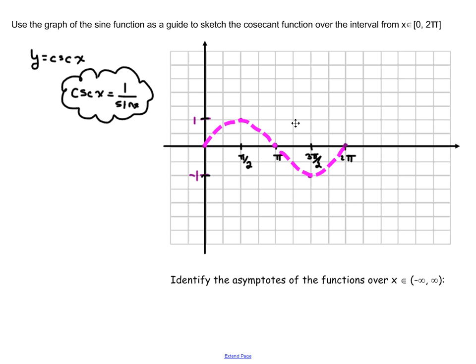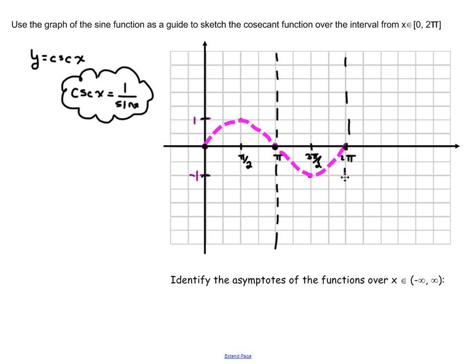Now, the question is, what will our cosecant graph do? Well, the cosecant function, we said, is going to be undefined at any point where sine is equal to 0. So that means we have vertical asymptotes anywhere where the sine graph would hit its x-axis.